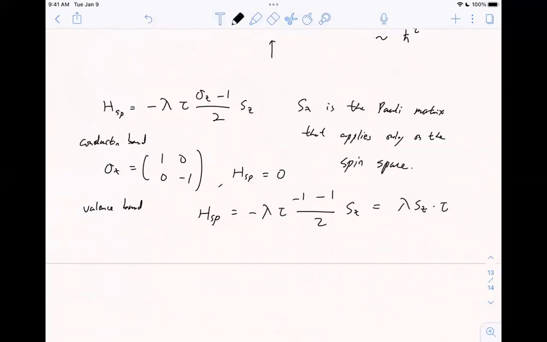But because here the SZ will have a -1 and this will have a -1, they actually cancel. You actually get the same separation, but just the spin is flipped.